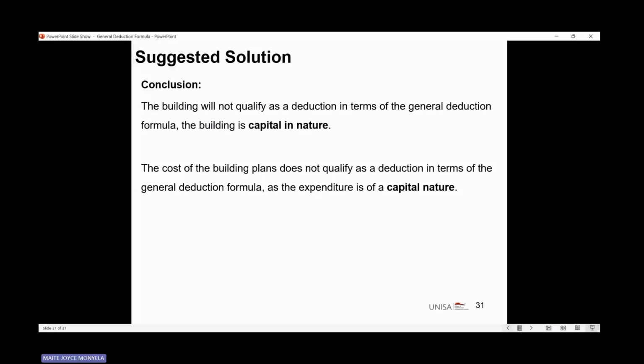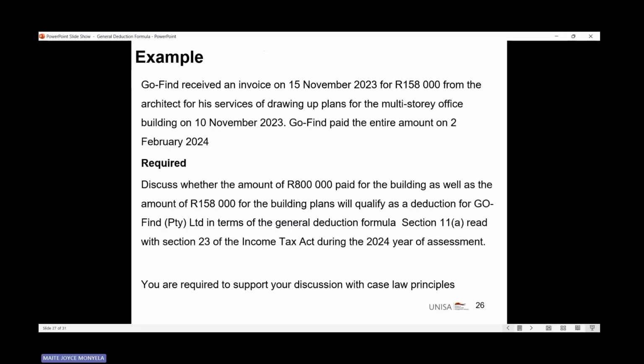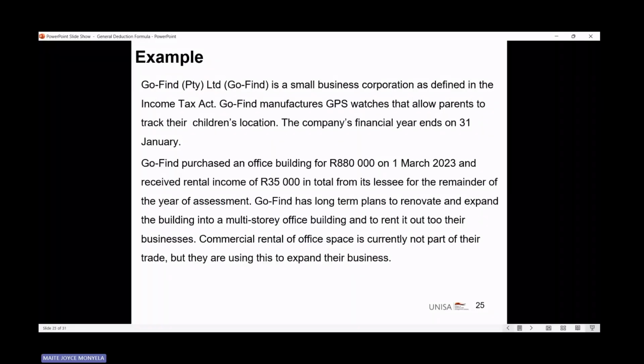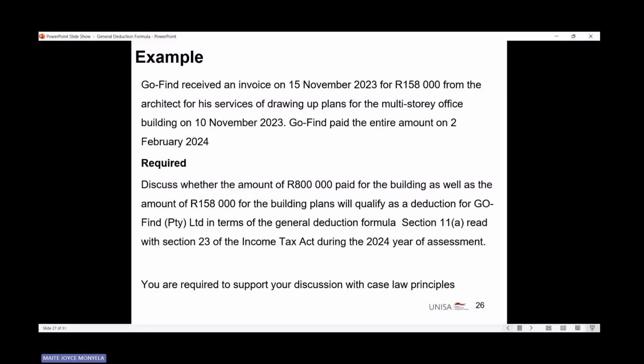Remember, we were asked two questions: if the 800,000 and the 158 qualify as a deduction. So in the conclusion, we are saying the 800,000 building that we purchased doesn't qualify as a deduction.